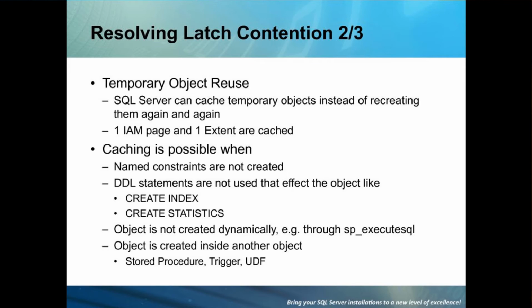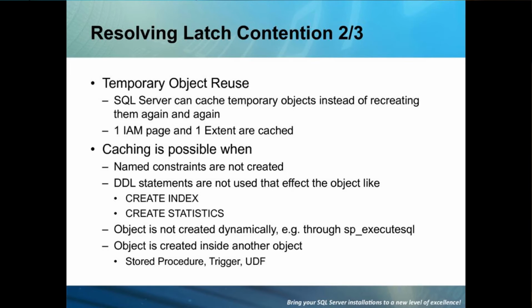They are marked for deallocation, they are not really deleted at that point when we are executing drop table my temp table. Means SQL Server caches here the first index allocation map page and the first extent, the first 8 pages of that temp table. Means when we are recreating the same temp table again with the same structure, with the same schema, SQL Server can reuse that temp table without accessing those specialized system pages.